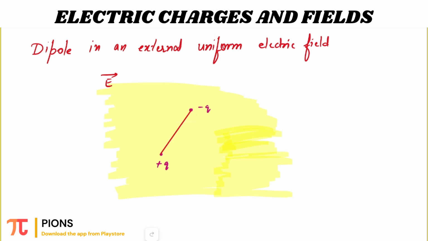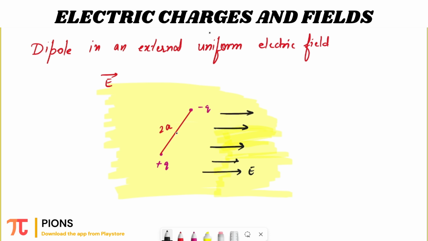So this is our dipole and the separation for this dipole is 2a. Let's suppose the direction of the electric field is pointing in this direction. It's constant, all over constant, right? If I draw an electric field line over here, we can see that the dipole is making an angle theta with the electric field.